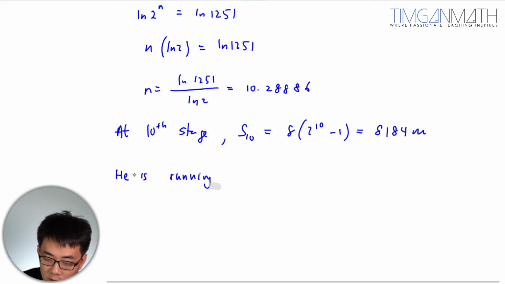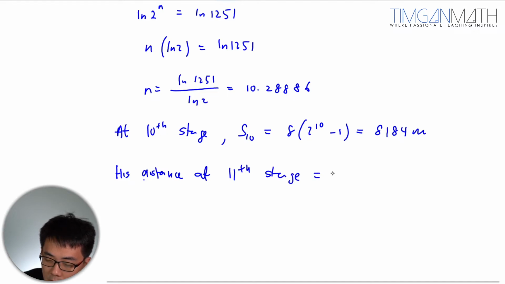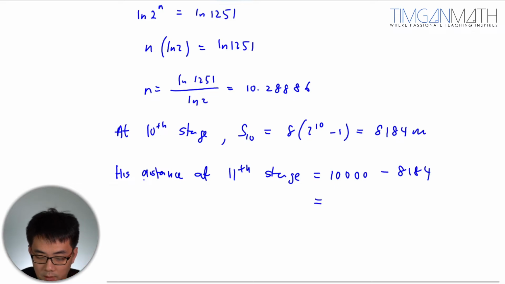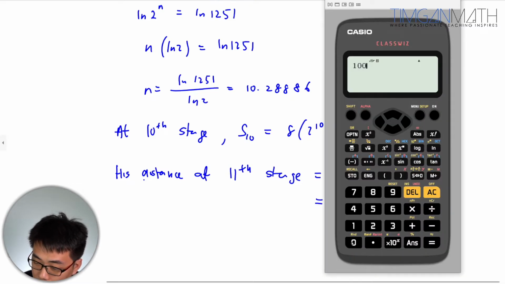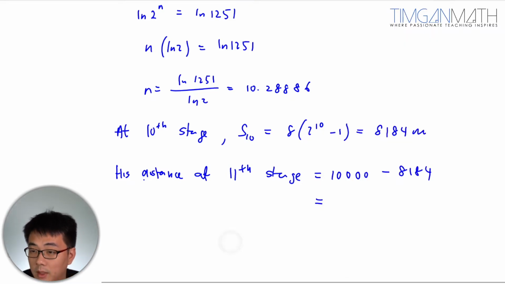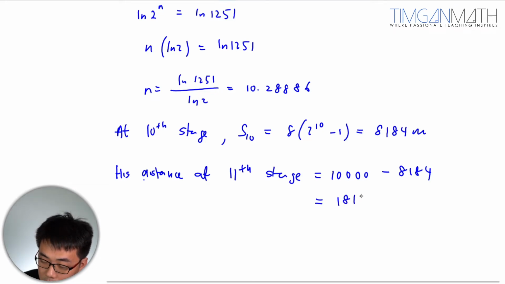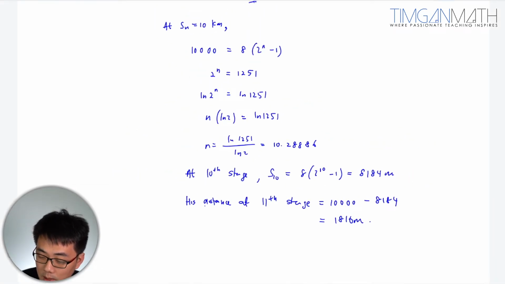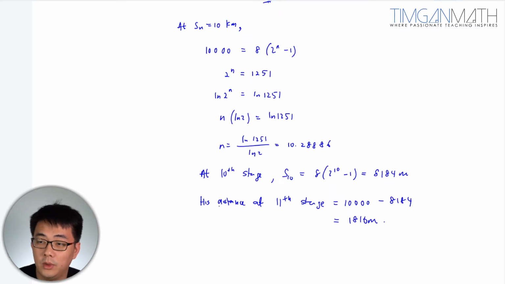So maybe I just write his distance at the 11th stage, which would be 10,000 minus 8184. That will give us 1816 meters.